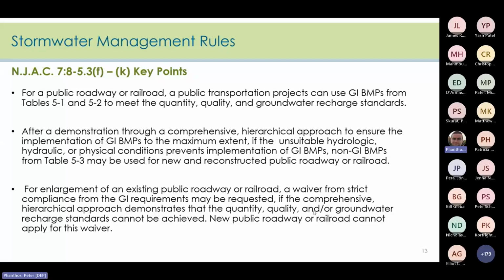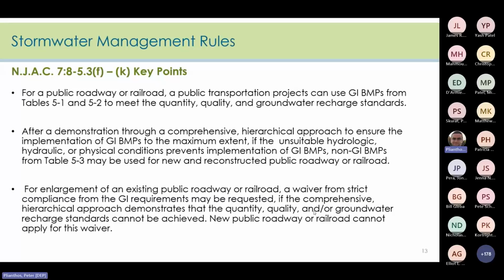And then after a demonstration through a comprehensive hierarchical approach to ensure the implementation of GIBMPs to the maximum extent, if unsuitable hydrologic, hydraulic, or physical conditions prevent implementation of GIBMPs, non-GIBMPs from Table 5-3 may be used for new and reconstructed public roadway or railroad.